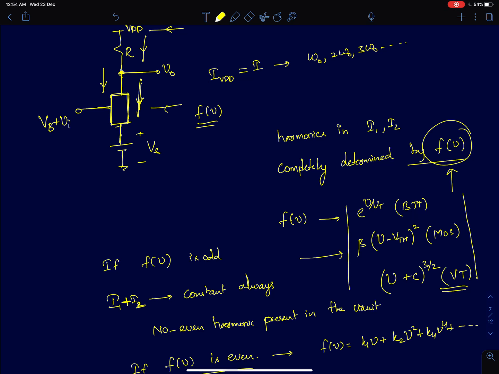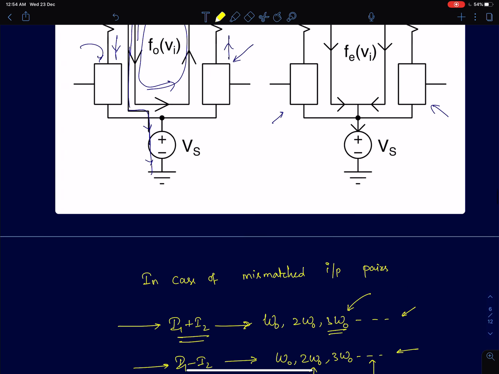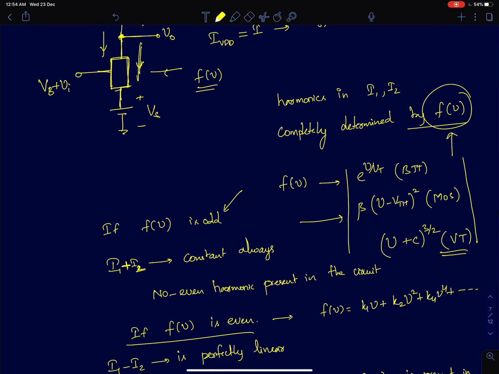Now I'll assume that f of v is purely an odd function. If I look at the differential amplifier, it doesn't have any even component at all, so I1 plus I2 will not contain any even component. It will always have a constant value which is equal to I0. So there won't be any harmonic content from the supply.